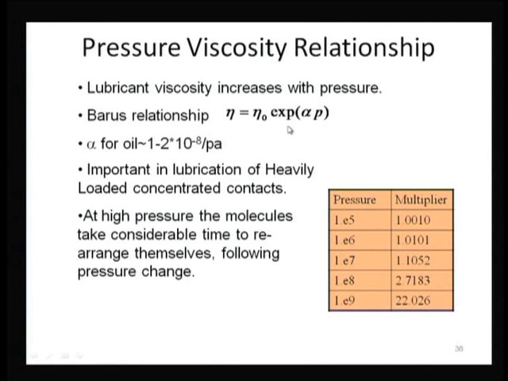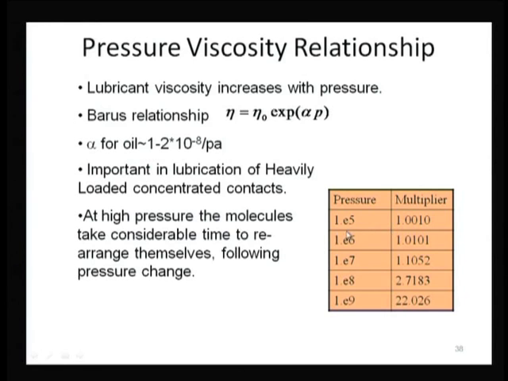To elaborate on that, I have given this table over here. Let us assume alpha is equal to 1, and increase the pressure. Pressure is only 10⁵ Pascal. That means this is 1 × 10⁻⁸ into 10⁵, so it will be 10⁻³. When it is 10⁻³, the viscosity will be almost the same as eta 0, that is at ambient pressure.